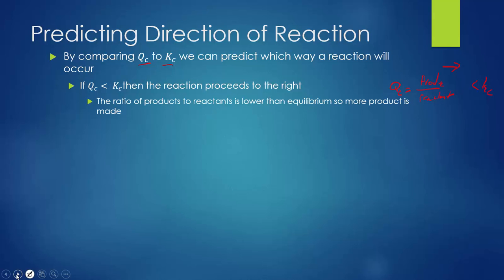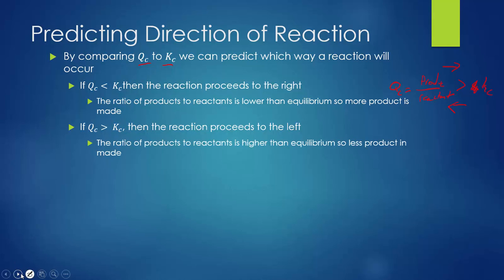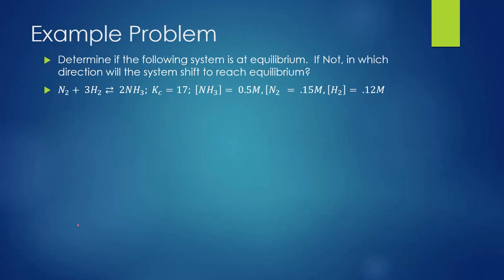Whereas if we have the opposite scenario, where we have Qc greater than Kc, so there's more product than there should be, and that means we need less product, so we need the reaction to go the other way, so we get less product, more reactant, so the left reaction, or the reverse reaction, will be favored in this case. Now, let's look at an example problem, and then we'll be done.